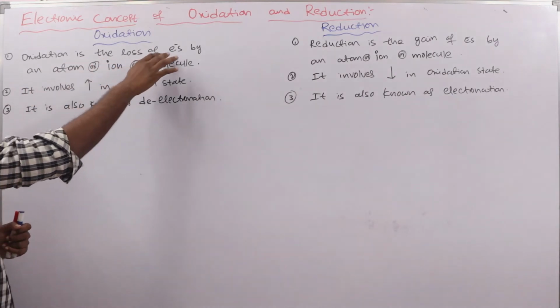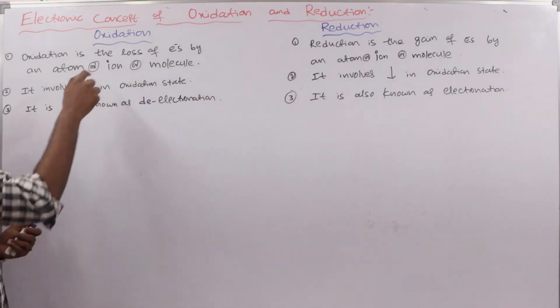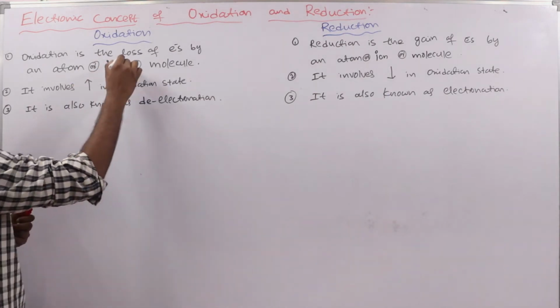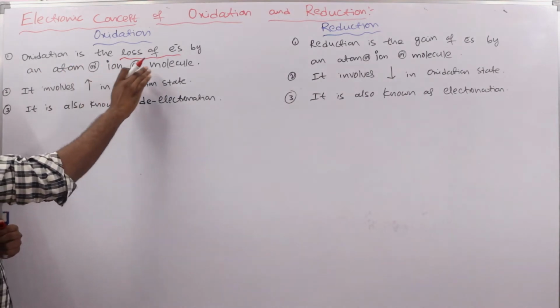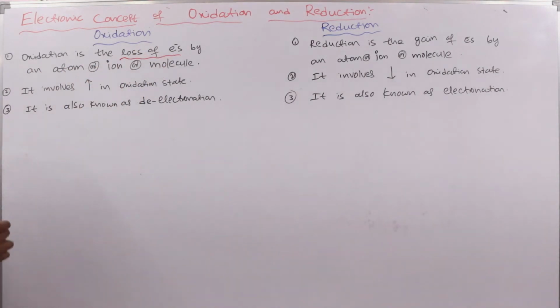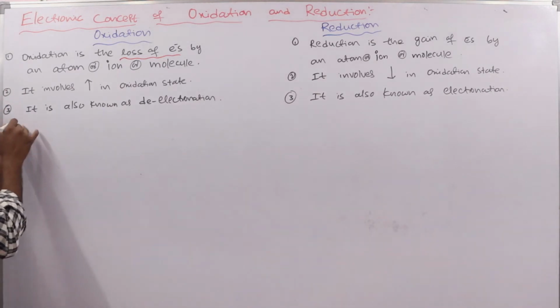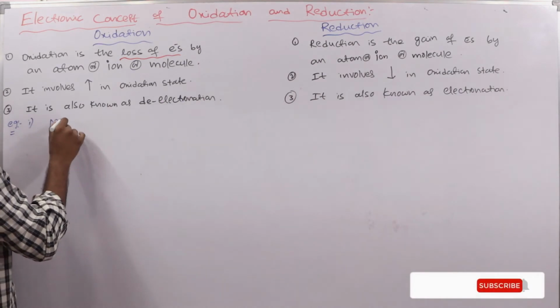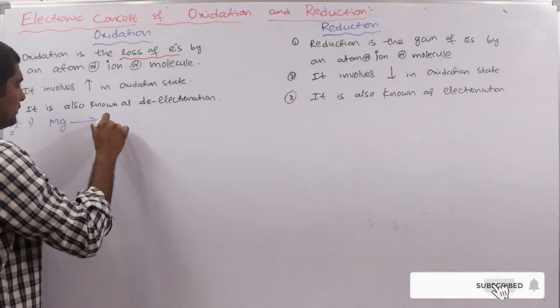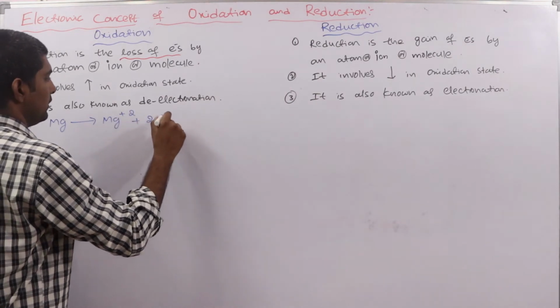Oxidation is the loss of electrons. According to this concept, oxidation is the loss of electrons by an atom or ion or molecule. Let us see with an example.